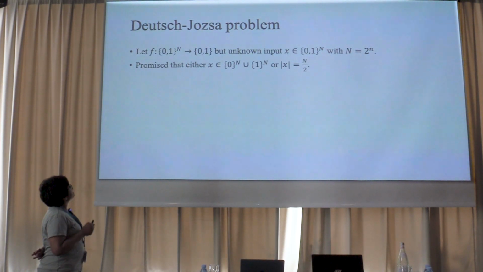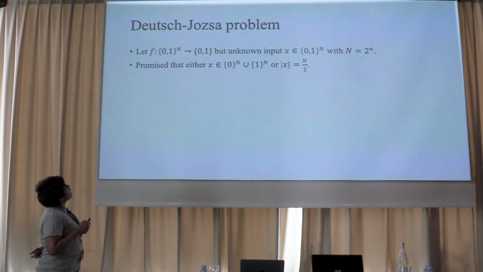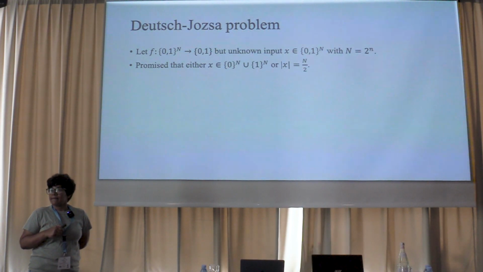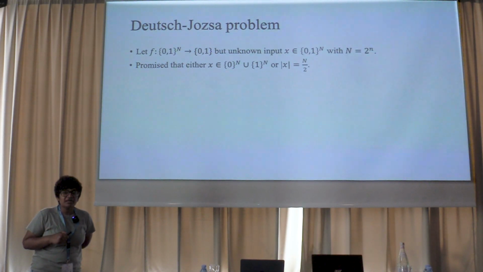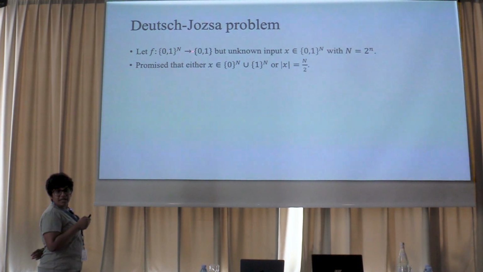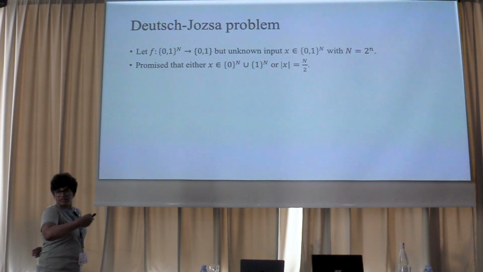Additionally, first of all, how many possible inputs are there to this function in general? Did I hear 2 to the power n? Yeah, exactly. So in principle, I can have 2 to the power n many x that I want to evaluate on, right?